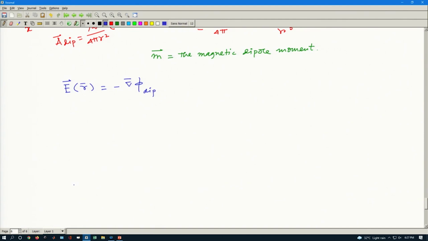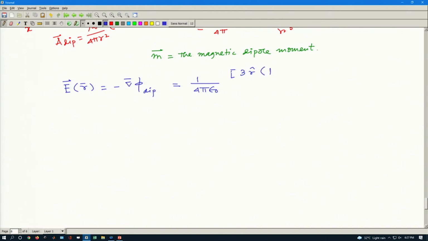The electric field due to an electric dipole was 1 by 4 pi epsilon naught times, and the term here was exactly the same except for the magnetic dipole.